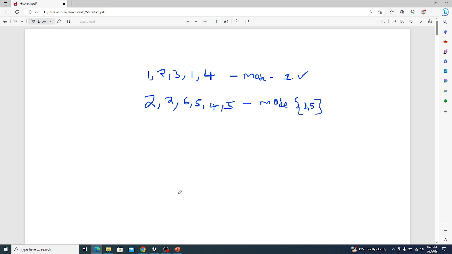Okay, so we should say that median is the middle value in an ordered set of data. So there must be order, there must be arrangement, either in ascending order or in descending order. You have to arrange first for you to know the median.